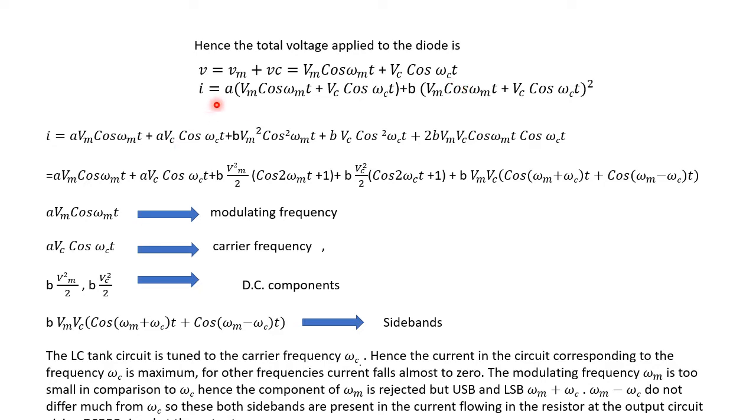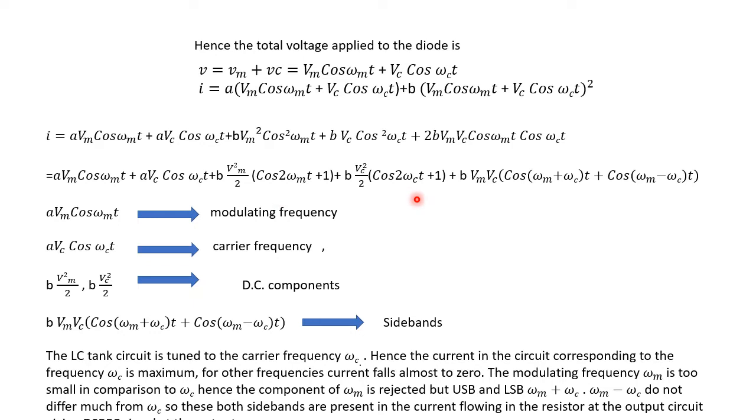Therefore, the current in the circuit will be A(Vm cos ωm t + Vc cos ωc t), plus the second term is B(Vm cos ωm t + Vc cos ωc t) whole square. Now we have expanded different terms in the equation, and the final equation can be seen in the slide. This is the equation in its expanded form.